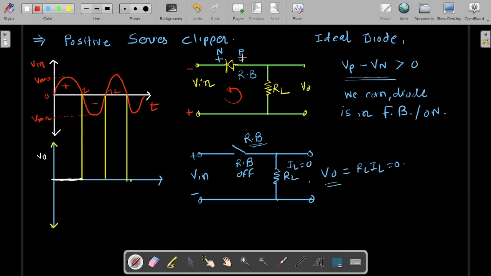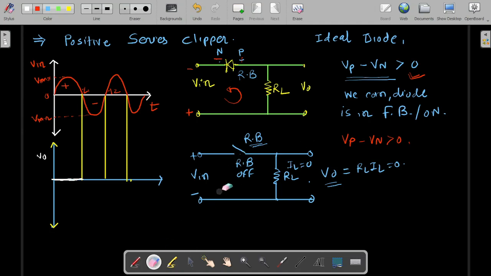So this portion is positive and this one will be negative. So this condition is going to be fulfilled: Vp minus Vn is greater than 0. So now the diode is in forward bias.